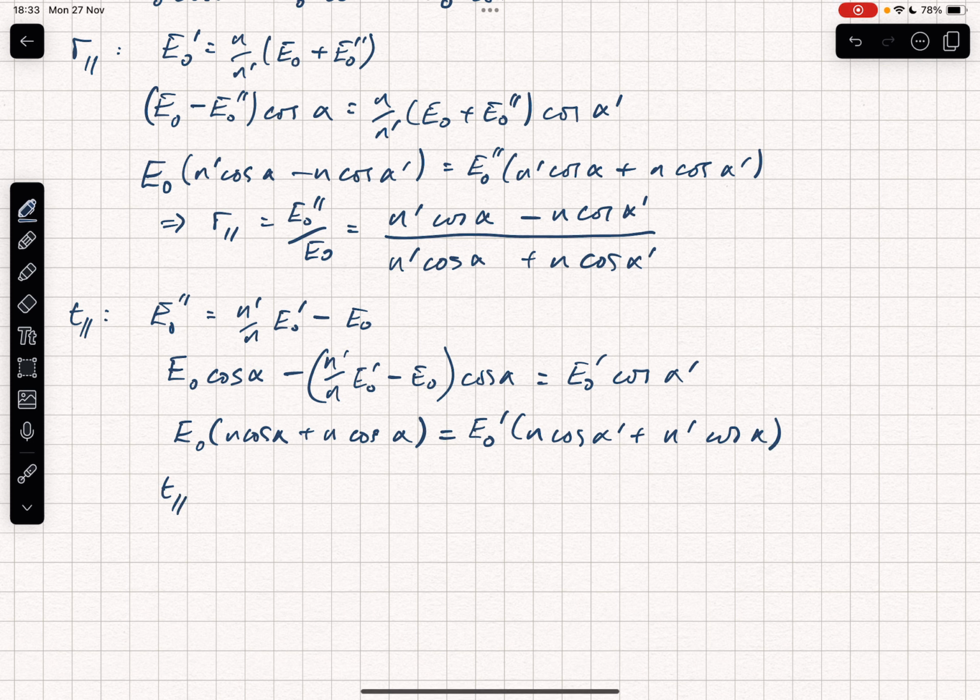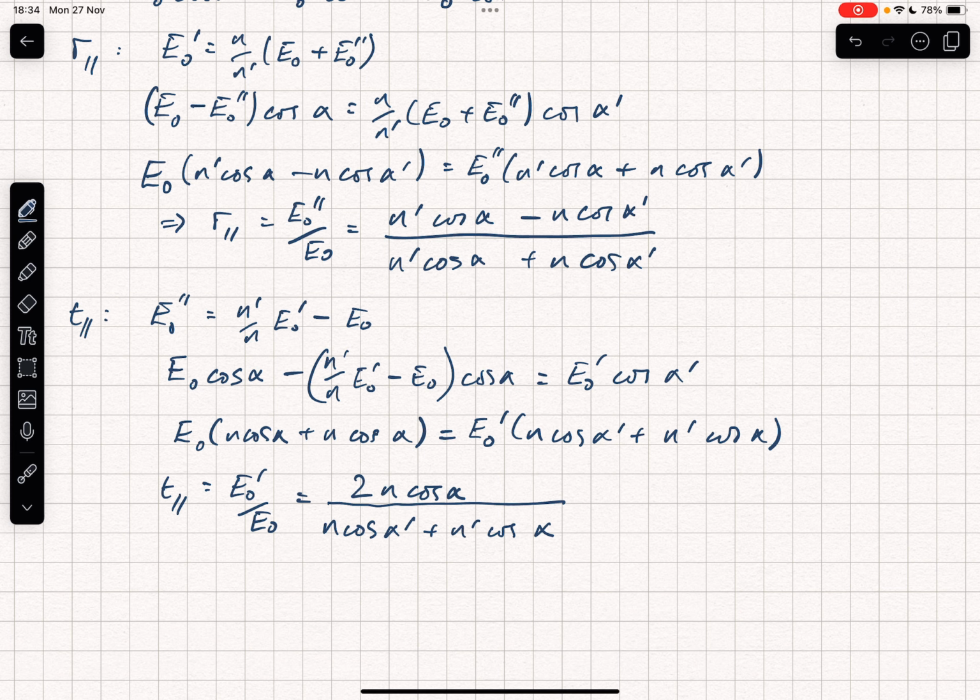So t parallel, which is just E0 prime over E0, is given by 2n cos alpha, that's what multiplies the E0, divided by n cos alpha prime plus n prime cos alpha.